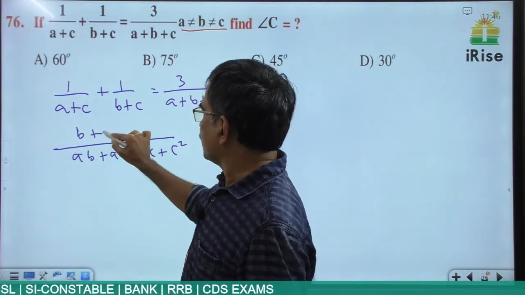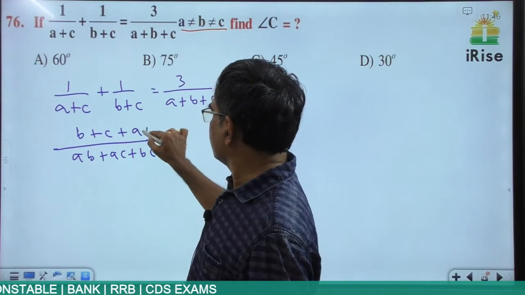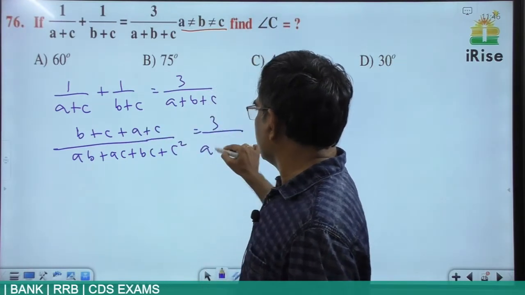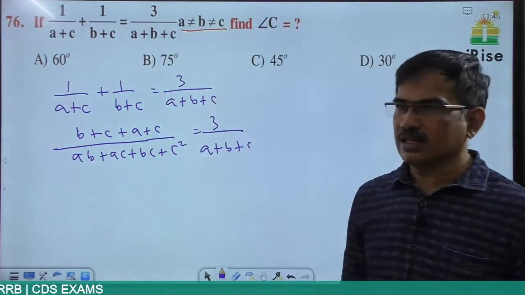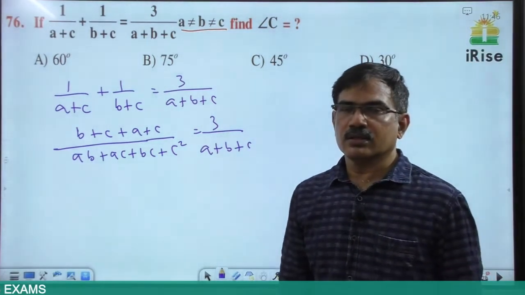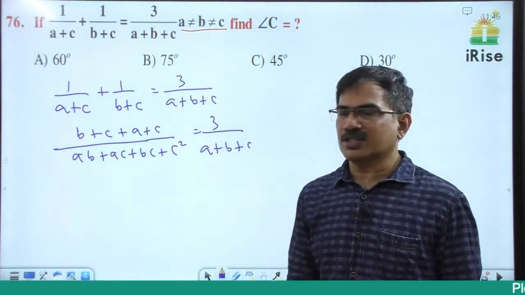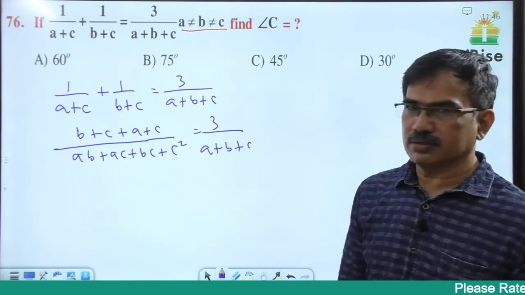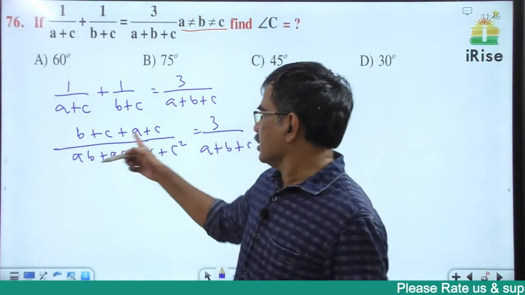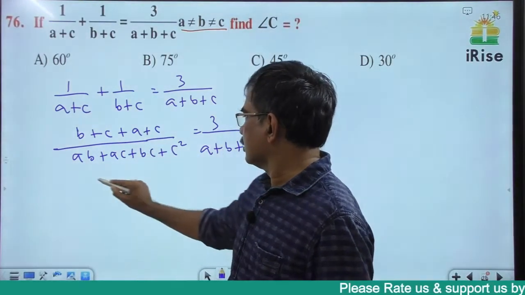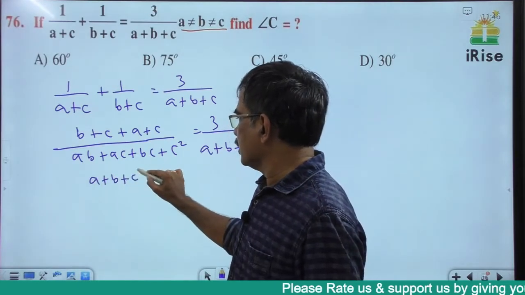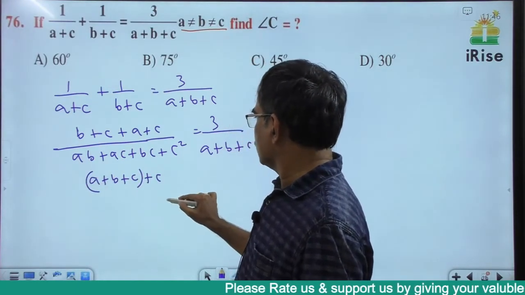We get b plus c plus a plus c is equal to 3 by a plus b plus c. Actually, it's a lengthy question. Substitution is also not possible, so please don't go for substitution. Here this is a plus b plus c plus c.